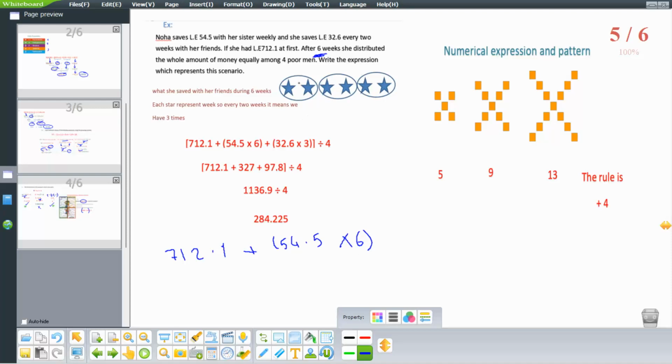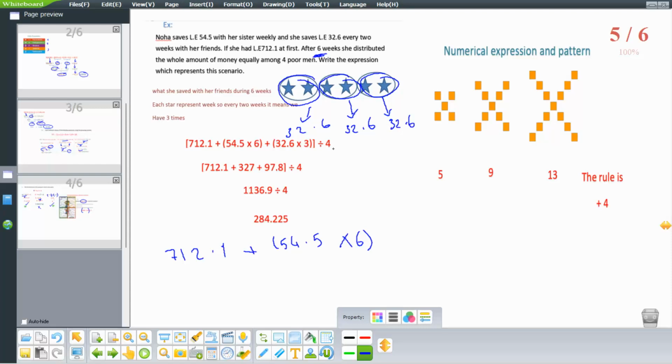Okay, then here we will consider every star like each week, and every star considers 1 week. So during 6 weeks, he said 32.6 every 2 weeks, meaning every 2 weeks she saved 32.6.